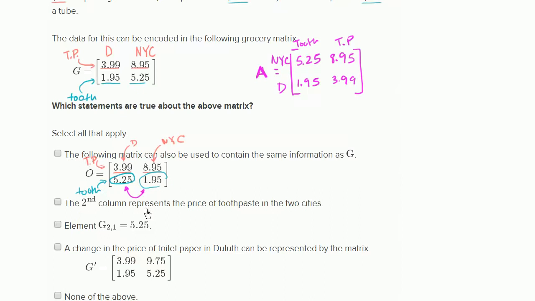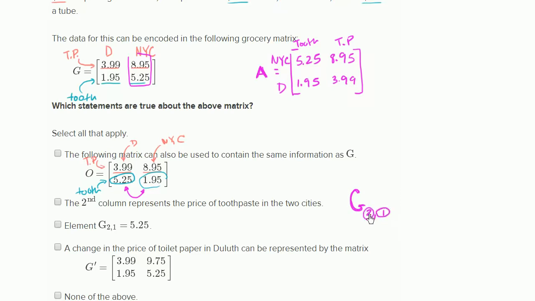The second column represents the price of toothpaste in the two cities. So the second column is this right over here. No, that's not the price of toothpaste in the two cities. That's the price of the two different goods in New York City. So I wouldn't check that one either. Element G2,1 is equal to 5.25. So if you have the matrix and they give you 2,1, these are the indices of the row and the column.